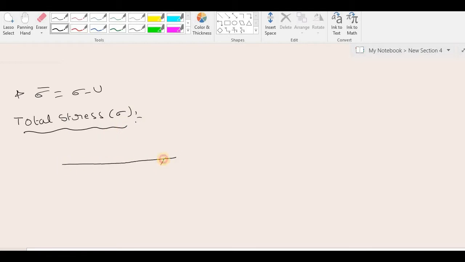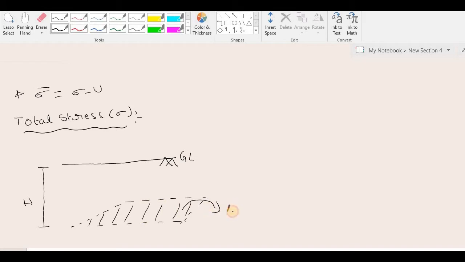Let us consider this as ground level. From this ground level, there is an arbitrary plane which looked like this, and the area of this plane is A, and the total stress is defined as the total weight on this area A. That equals gamma into volume by A, that equals gamma into area into height by area.